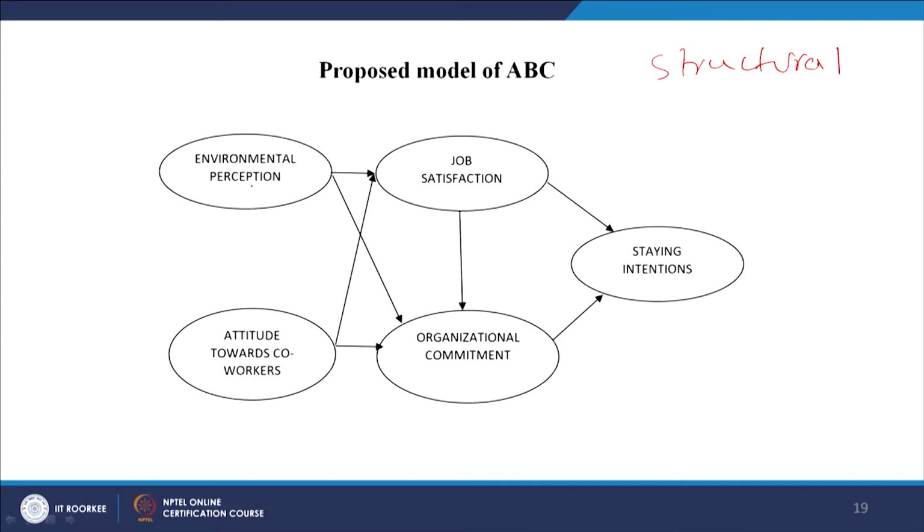Environmental perception affects job satisfaction, and attitude towards co-workers also affects job satisfaction. But environmental perception affects organizational commitment also. Attitude towards co-workers also affects organizational commitment. Job satisfaction affects organizational commitment, and organizational commitment and job satisfaction both also affect the staying intention in a firm, right. So, this is the proposed model.